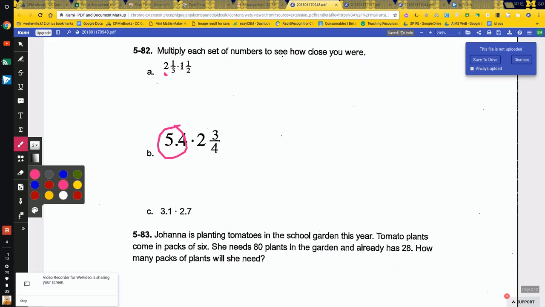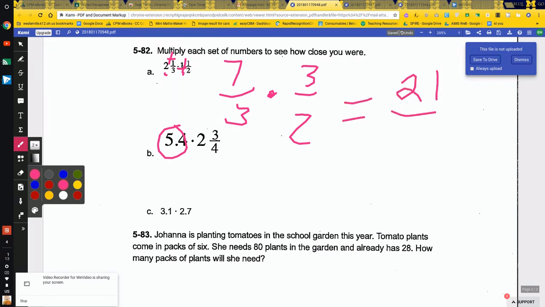Again, I'll multiply by my whole number and add the numerator. 3 times 2 is 6, plus 1 is 7, so I have 7/3. Multiply that by 2 times 1 is 2, plus 1 is 3, so I have 3/2. 7 times 3 then is 21. 3 times 2 is 6.